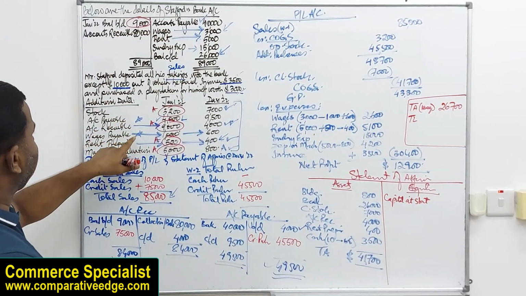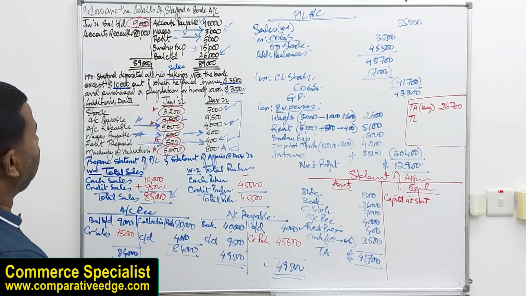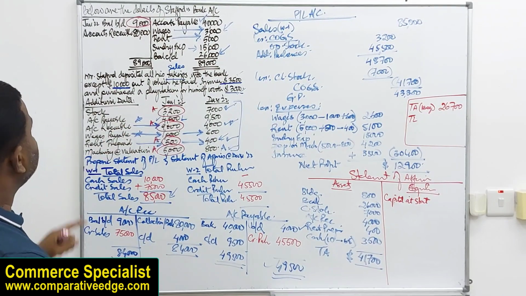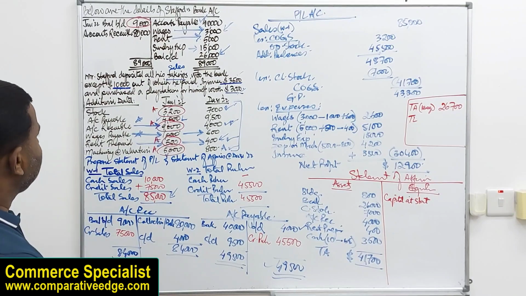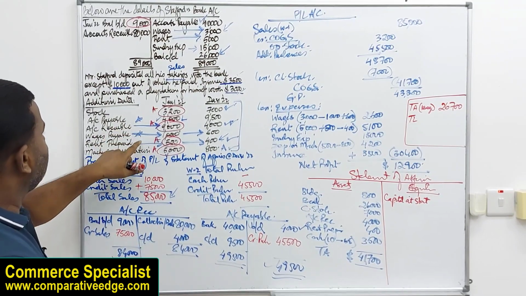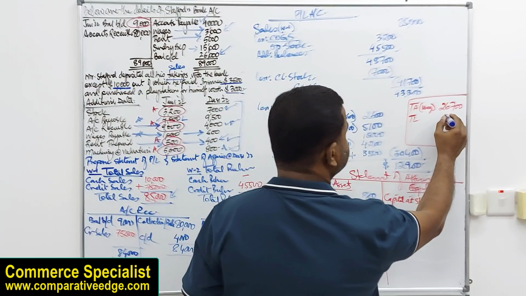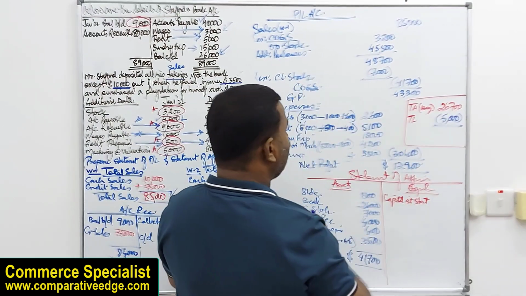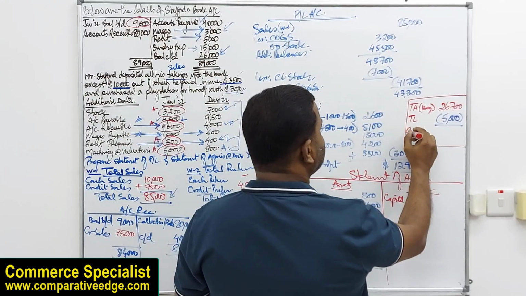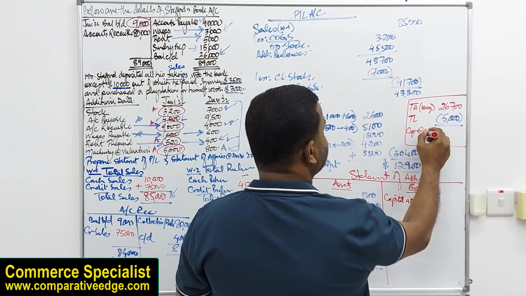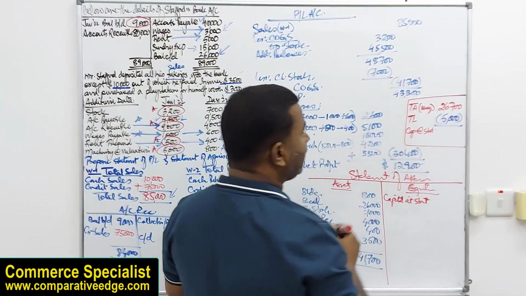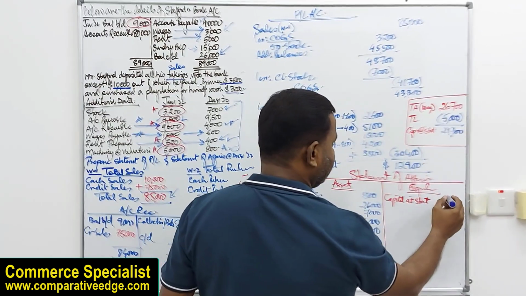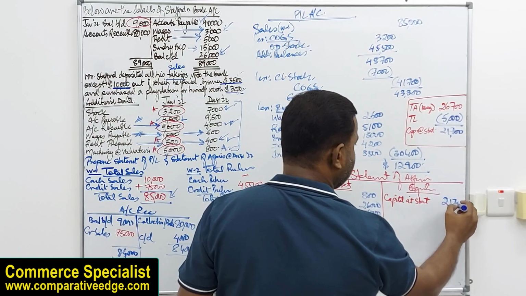Accounts payable and wages payable is the only opening liability, which is 4,000 and 1,000. There is no opening liability I see here. So 4 and 1 is 5,000. So when I minus, I will get my capital at start, which comes to 21,700, which I need here, 21,700.